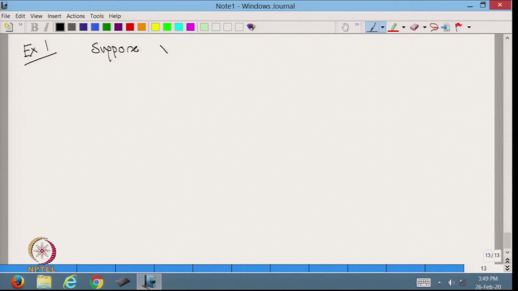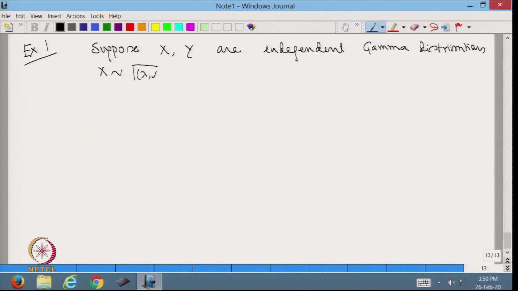Suppose x and y are independent gamma distributions with x following gamma with lambda and alpha and y following gamma with lambda and beta.